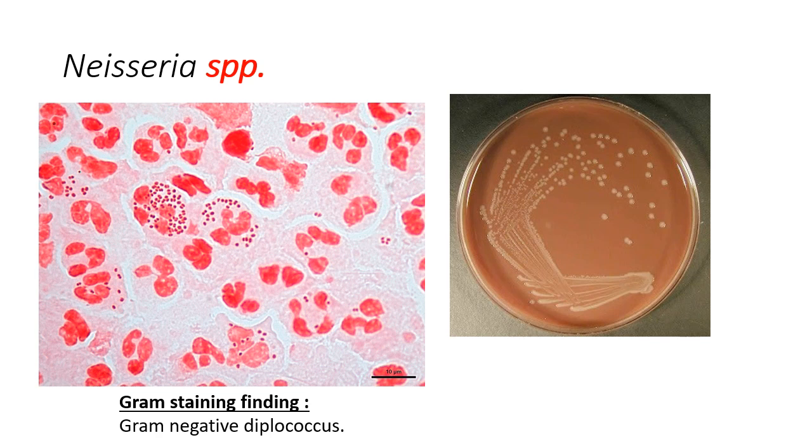So the idea of heating the blood is actually to make the nutrients released from the RBCs or red blood cells, which we use for these agars, actually animal blood, not human blood, of course. We use horse blood or sheep blood.